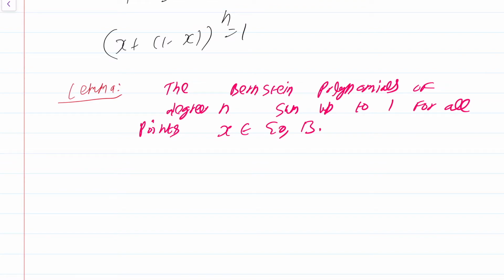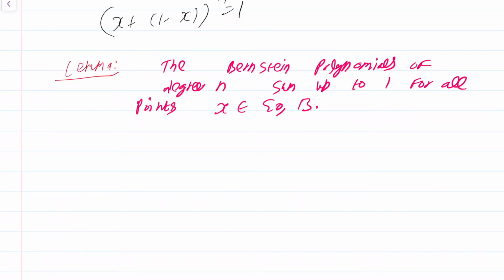Now fix k in the natural numbers. What we are now going to do is to use probabilistic intuition to figure out what happens to b k comma n of k by n as n approaches infinity.